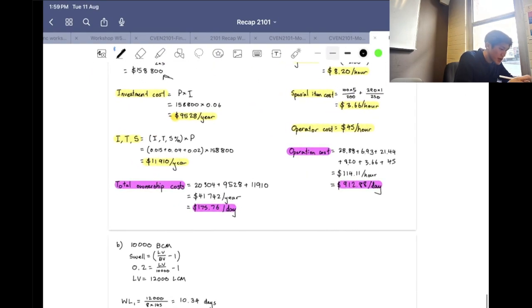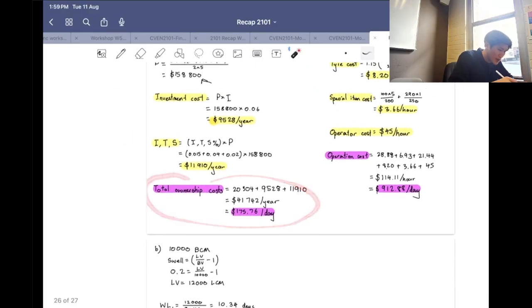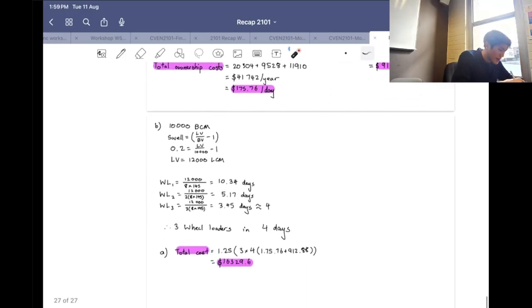On the last question, I made a bit of a mistake. After you figure out your total ownership cost and your operation cost, you convert it to amount per day, and then you kind of have to use Part B to solve Part A. So you find the number of wheel loaders you need and then how many days you need it. Always round up the number of days. For 3 wheel loaders, it said 3.45 days, so you round it up to 4 days.